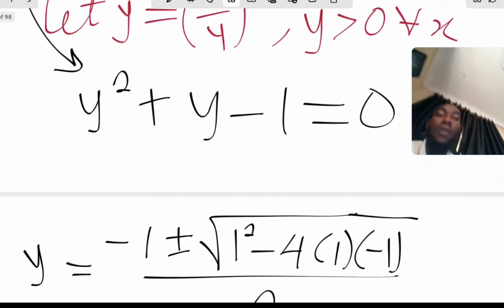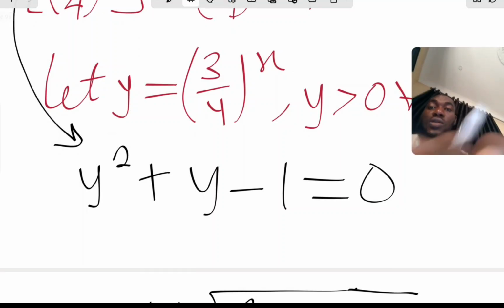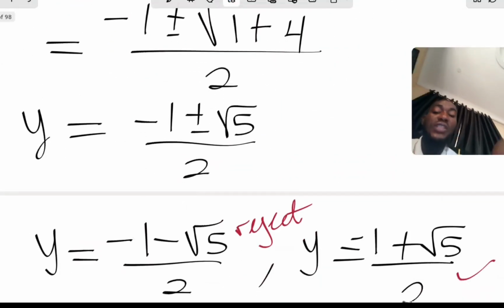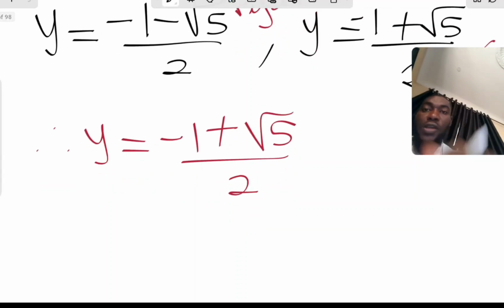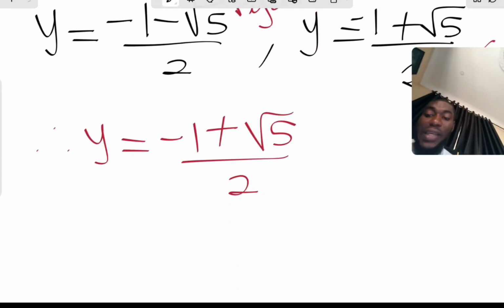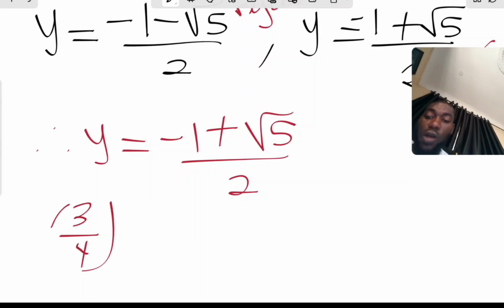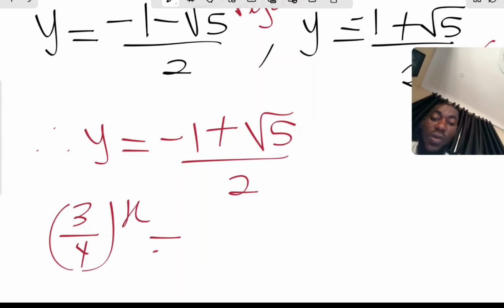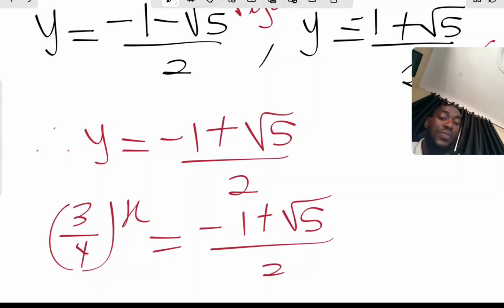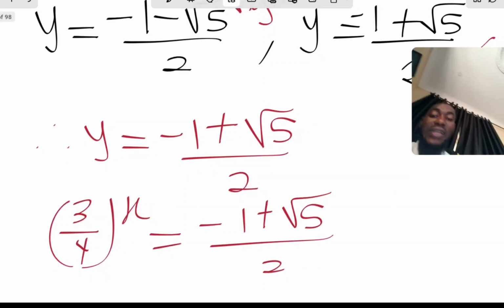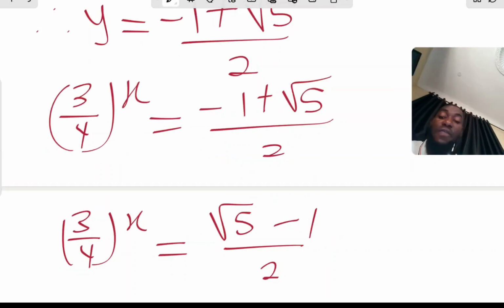We assumed that our y is the same thing as 3 over 4 all to the power of x. So we are going to replace it back. Instead of writing y, I'm going to have 3 over 4 all to the power of x equals minus 1 plus root of 5 over 2. So I have to take the log of both sides.